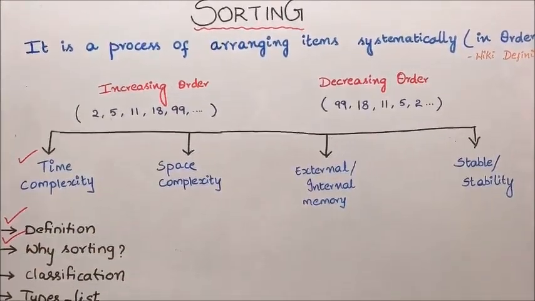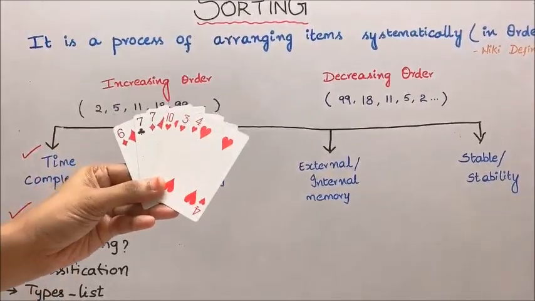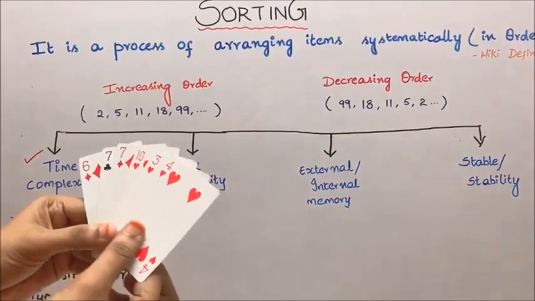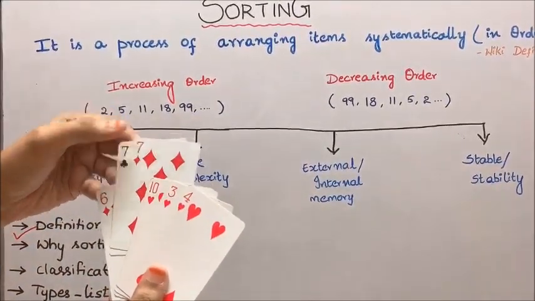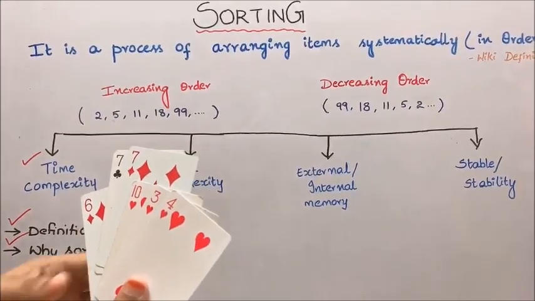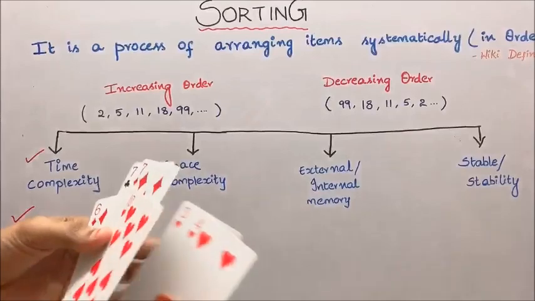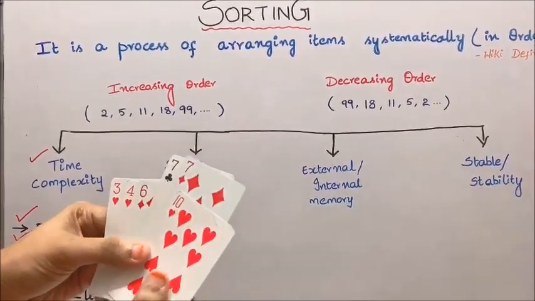The next category is stability. Consider a set of cards in random order. If you observe, there are 2 cards with same value but with different signs. If we sort them in increasing order, then the output will be like this.